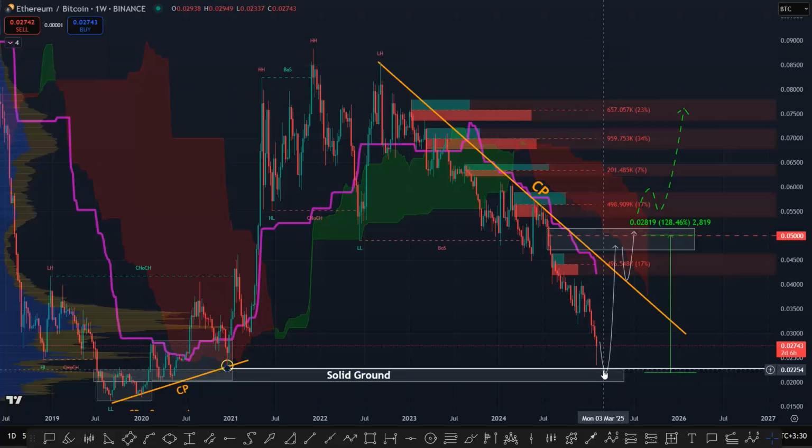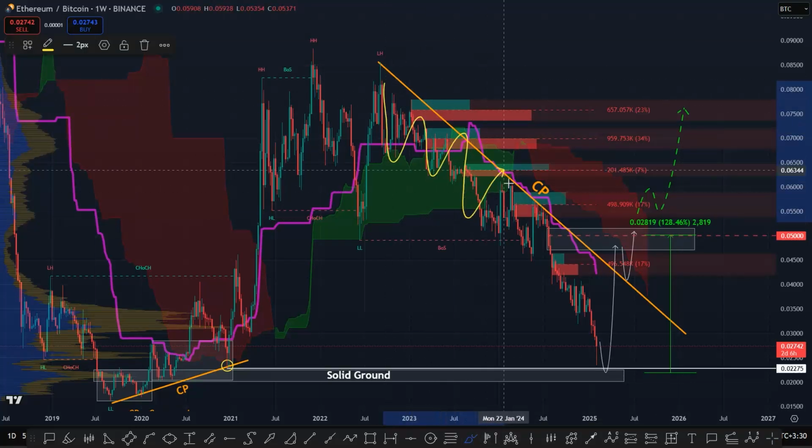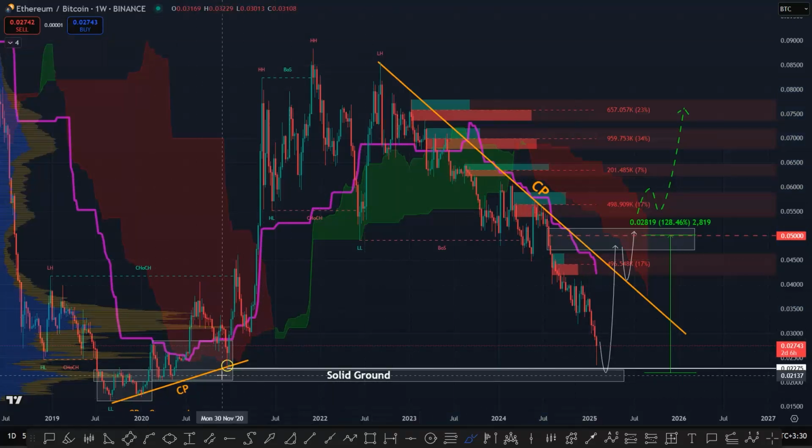After touching this level in the Ethereum BTC chart, I expect a bounce to the upside. Where is the first target for this potential bounce? You can see that we have another CP here. Look, this is another CP, a gradual up and down level, completely opposite of this kind of CP. These two are similar to each other; one of them is upside, the other is downside.